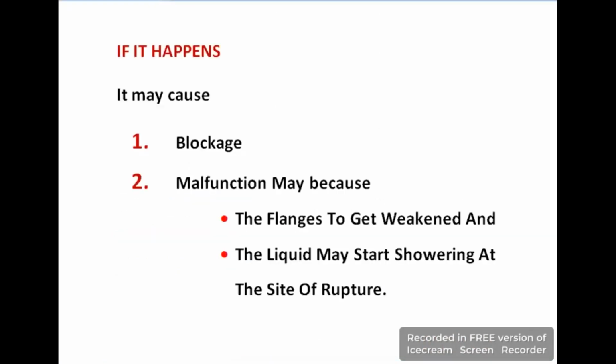If due to high flow rates of fluid in the pipeline the float goes into the pipes, it may create problems of blockage, and malfunctioning may also occur due to the flanges getting weakened, and the liquids may start showering at the site of rupture.